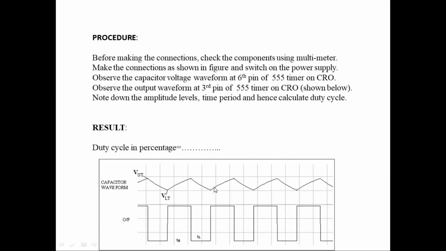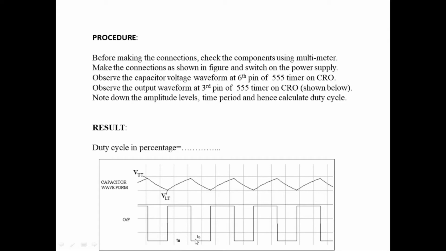So this will be the charging condition and this will be the discharging condition. Whenever it is charging, we will take it as TH, and whenever it is discharging, we will consider it as TL. So T is equal to TH plus TL.